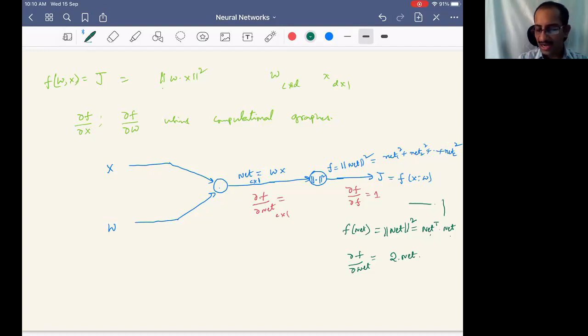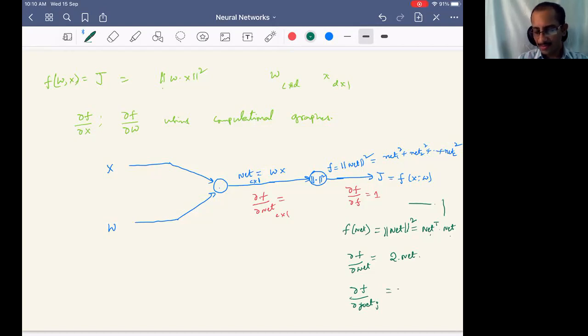The other way, if you are not very comfortable with this: if you want to find ∂f/∂net, just take any one element of net, the jth element. Then ∂f/∂net j I want to find. What is ∂f/∂net j?